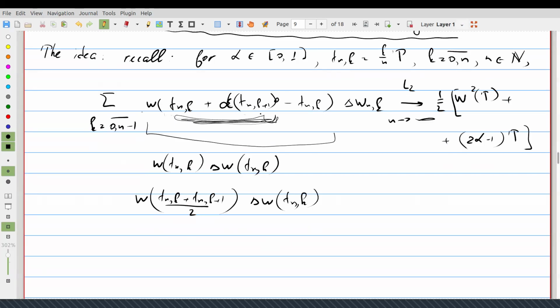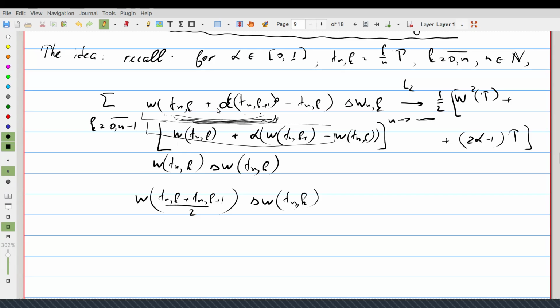Now, here, instead of this, you can actually do the following. Instead of considering different types of averaging inside, you can do this. Sometimes it's even better because you have two observations of your Brownian motion. You interpolate differently to the Ito case.